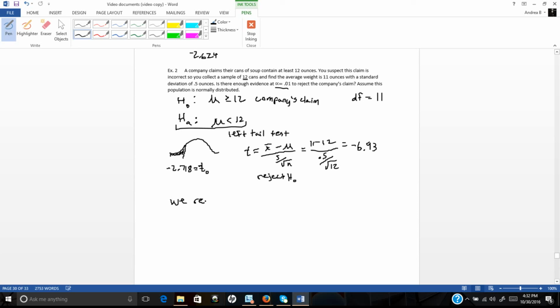So in this case, we reject the company's claim that our population mean here is greater than or equal to 12 at our alpha equals 0.01 level, or something to that effect.